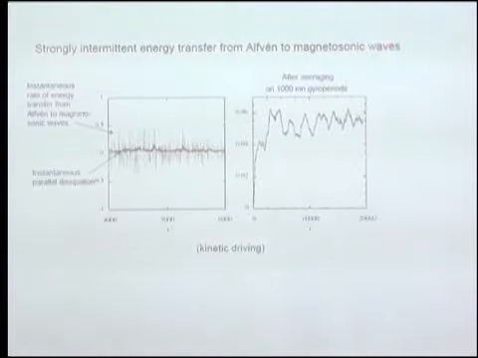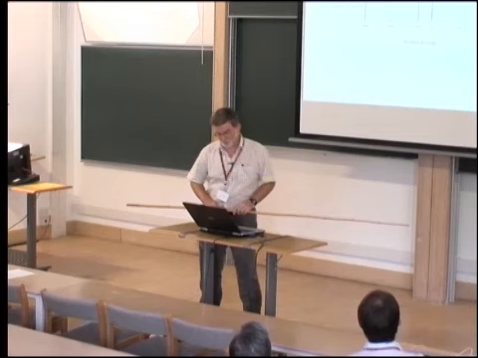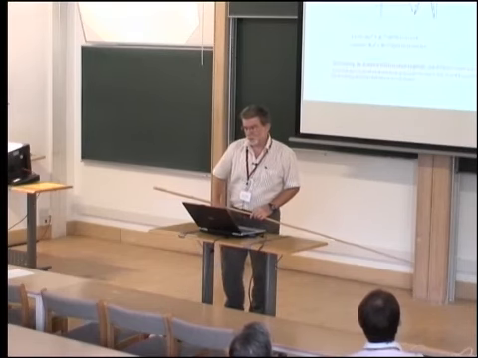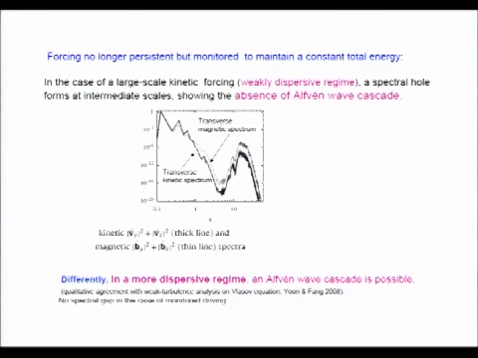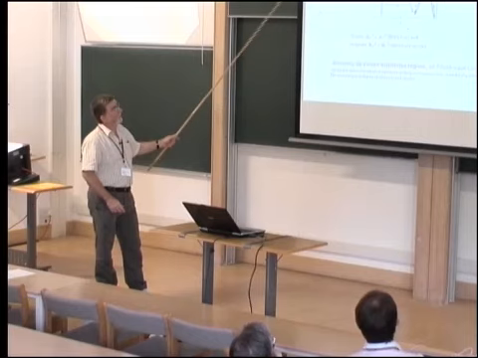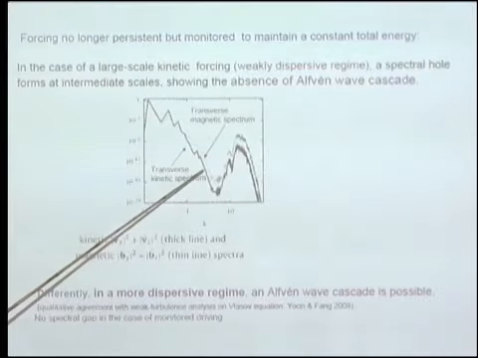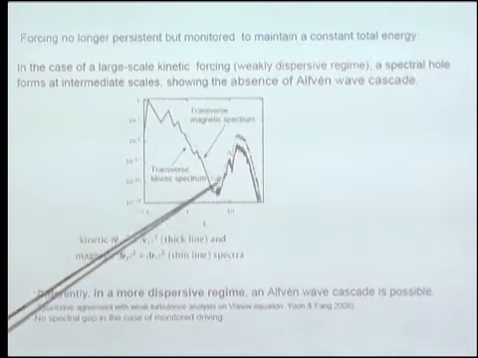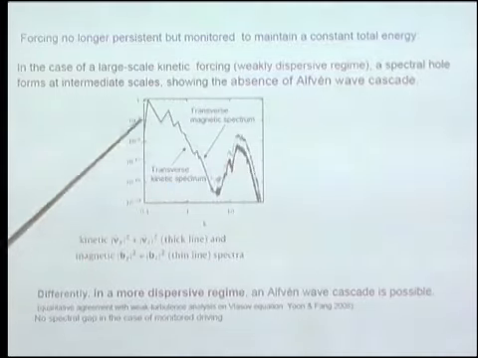So this indicates that most of the energy that goes into the Alfvén waves transfers to sonic waves and then dissipates. And this is confirmed if you take the same simulation, but instead of forcing at each time step, you apply the forcing only to maintain a constant total energy. In this case, the energy of the magnetic spectrum leaves this range of scales completely and is transferred to sonic waves.